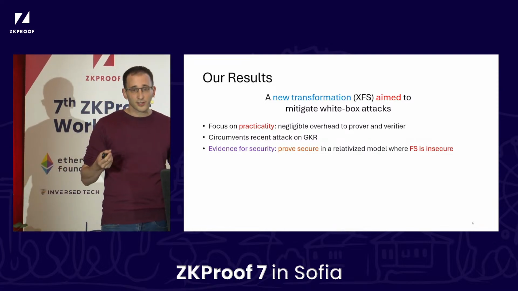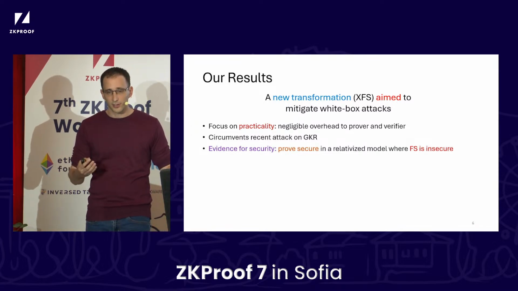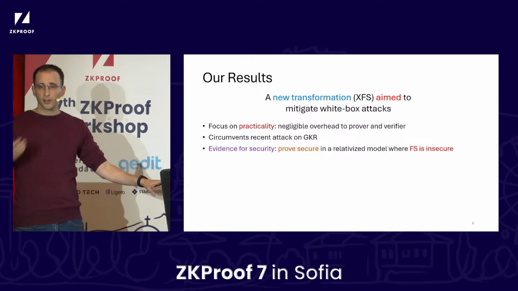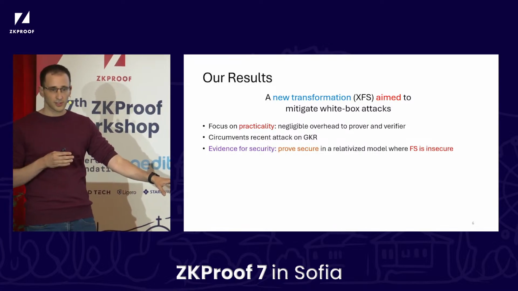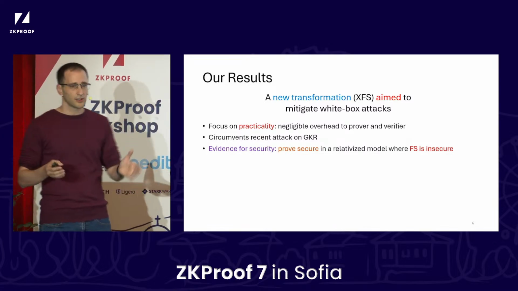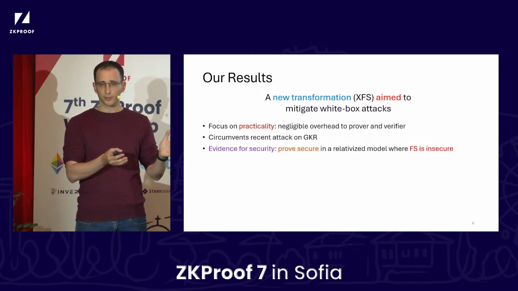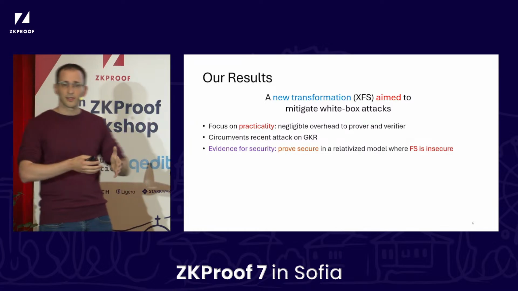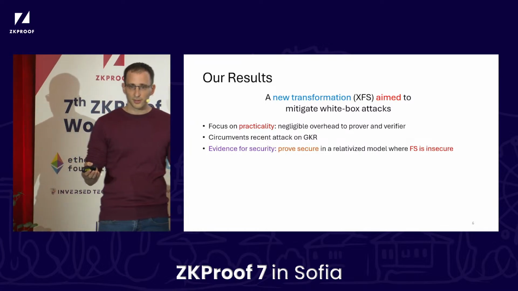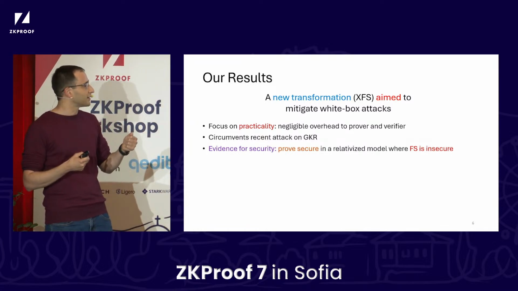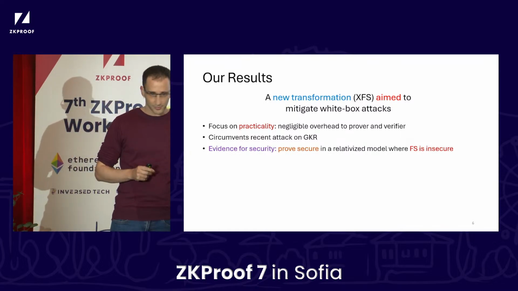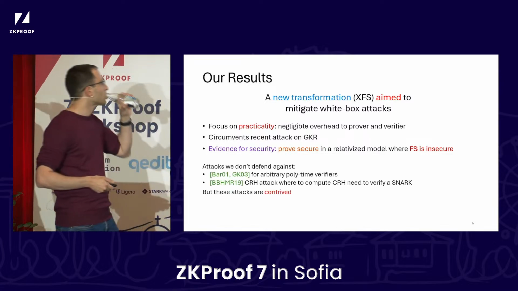So this gives us some assurance of security, at least in the sense that if you want to develop a new attack on XFS, you should look at this model and ask, is this attack captured by this model or not? If the attack can be mounted inside the model, then it won't work, okay? So any attack has to reinvent itself and be somewhat outside of this model, okay?